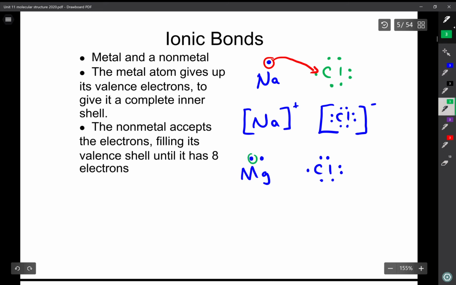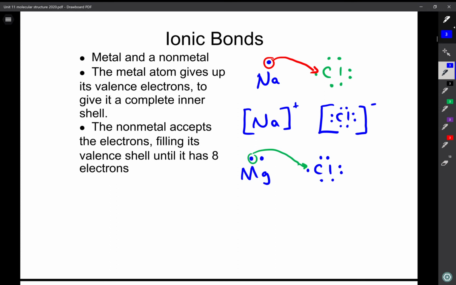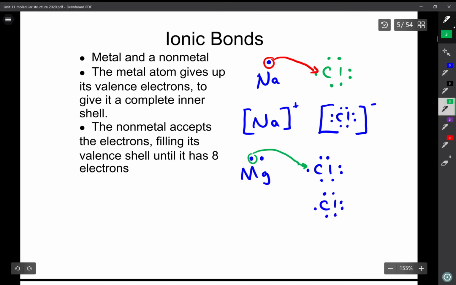Well, magnesium will give up one of its electrons to chlorine, but it still has one more left. Magnesium wants to get rid of both electrons, not just one. So that's where another chlorine comes in, with its 7 valence electrons. That other electron will pop off magnesium and go right there, fit right in there perfectly with the second chlorine.